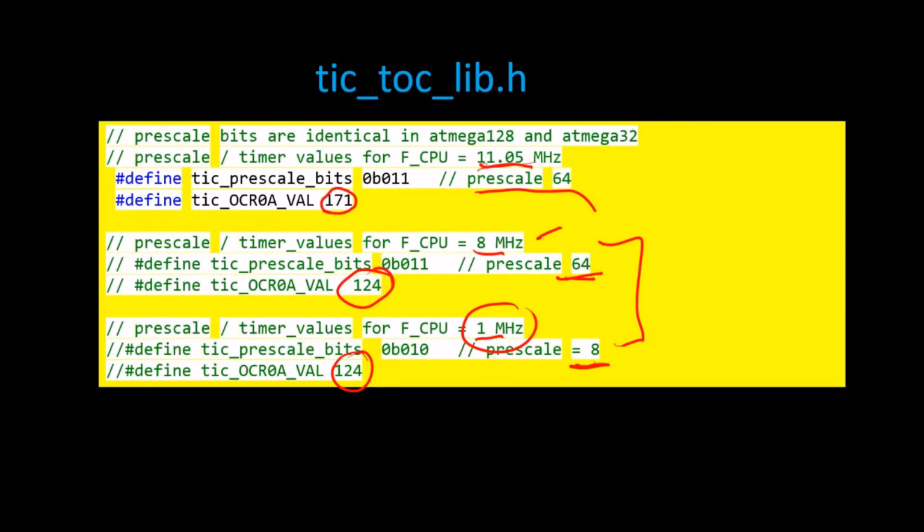So if you're changing CPU clocks and you want tick-tock to work accurately, you've got to make sure you uncomment the appropriate bit of code here and comment out the inappropriate code. And if you pick a speed other than 1, 8, and 11.05, you'll have to do a little math to figure out the prescale value you want and the OCR0A value that you want.